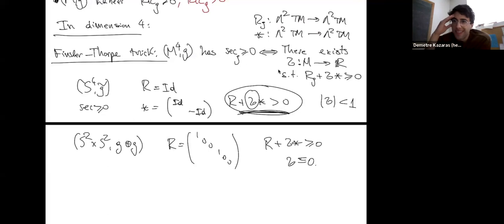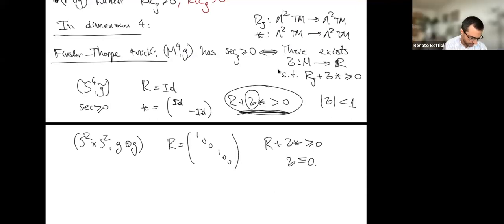Yeah, so okay, non-negative sectional curvature, I thought, is significantly weaker than non-negative curvature operator. So is there an example where the sectional curvature is non-negative, but the curvature operator isn't non-negative, but you can find a tau that makes this work out? CP2 connected sum CP2 bar.